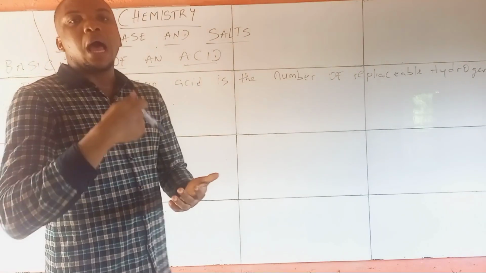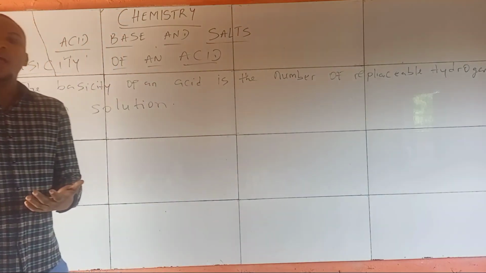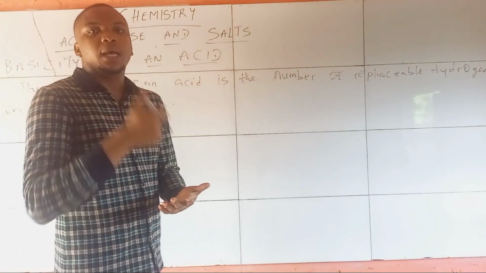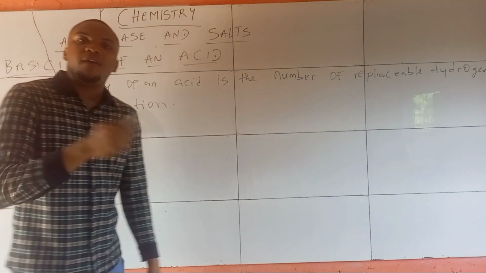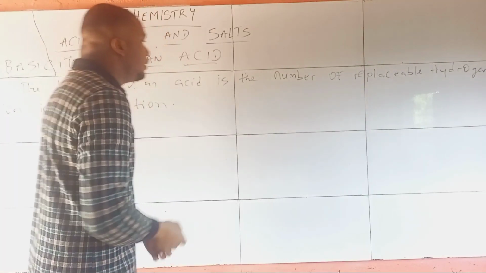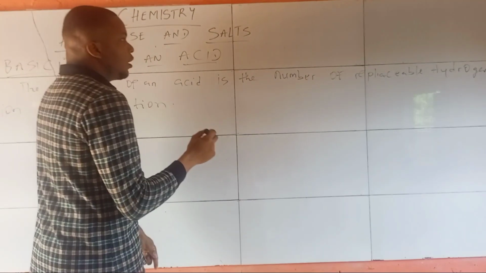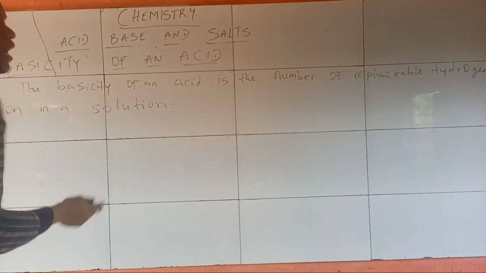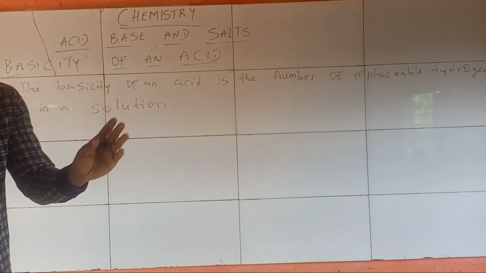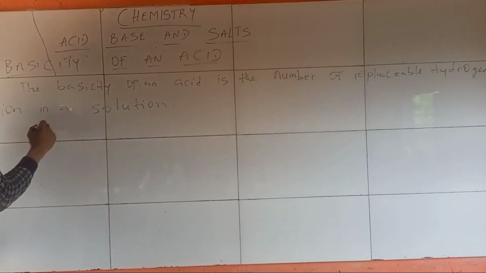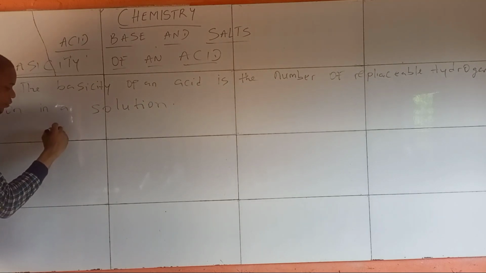That's to say, how many hydrogen atoms can be donated or hydrogen ions can be given off in an acid. Okay, let me give you guys some examples of some acid and their basicity. We have hydrochloric acid.